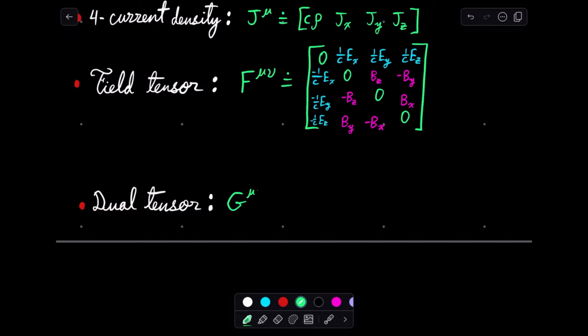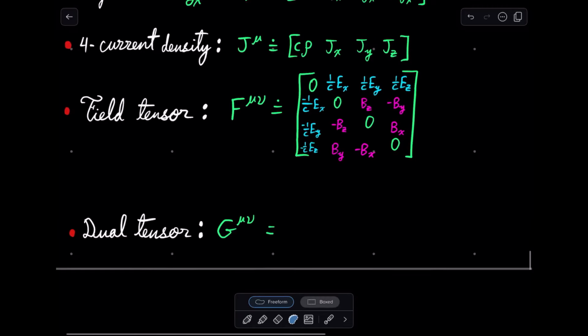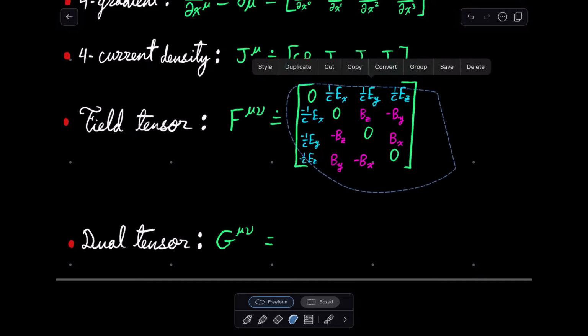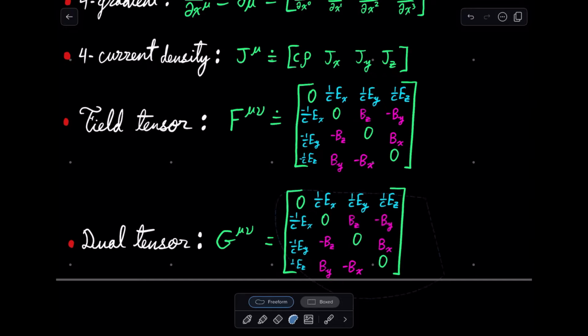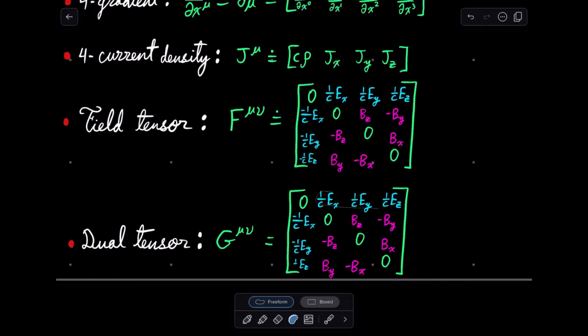So G mu nu, and it pretty much has the same form as this, except you swap out where different things lie. So these will all go out here, and you end up with Bx, By, Bz, and then you'd end up with this here.